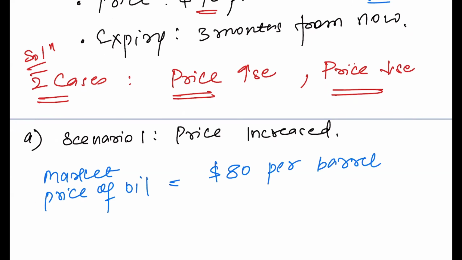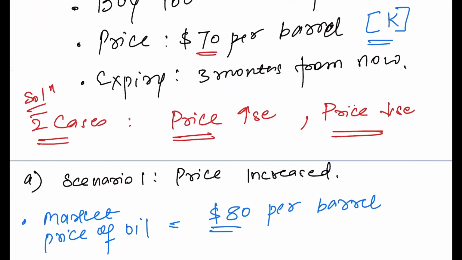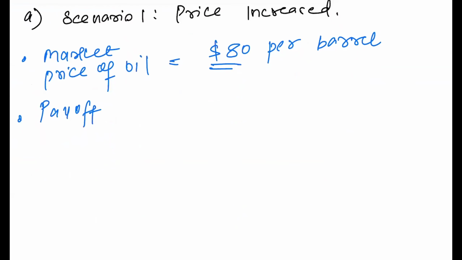Now, if you see the payoff, even though the price is $80 right now, 3 months have gone by and the price is $80. But if you remember, the investor did a deal at $70. So even though the price is $80, the investor still has to pay only $70.